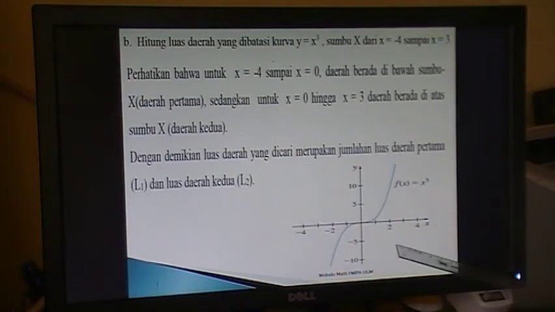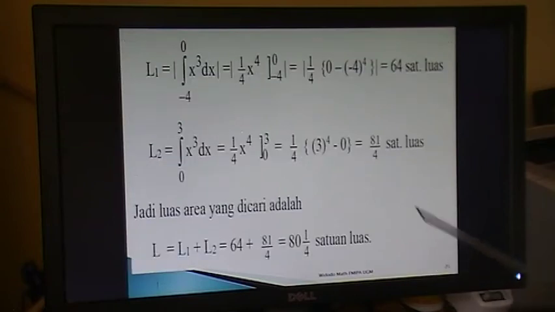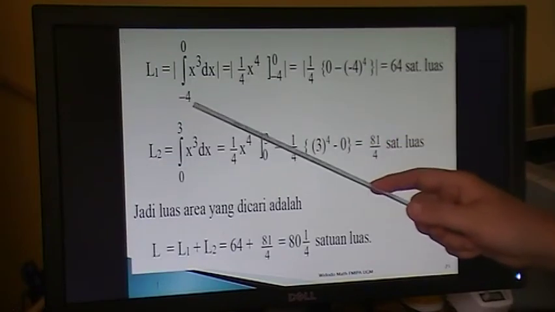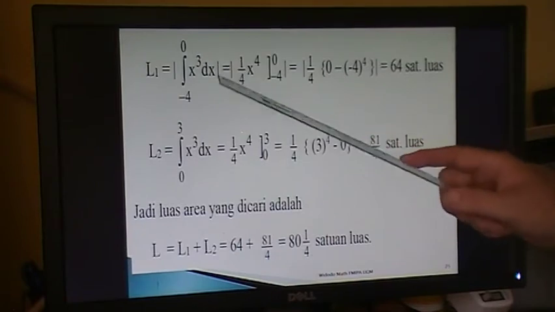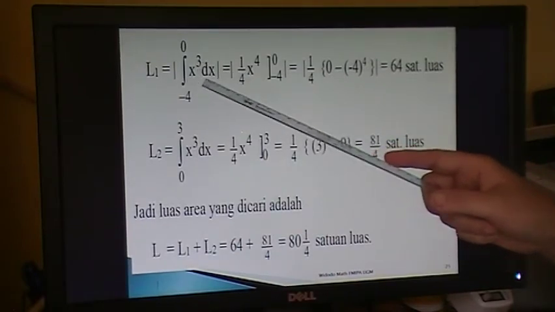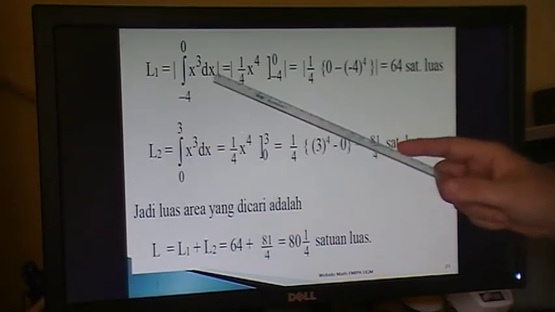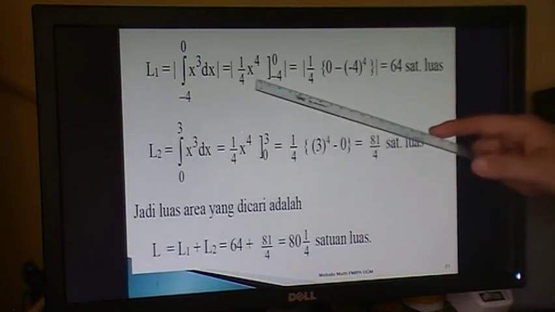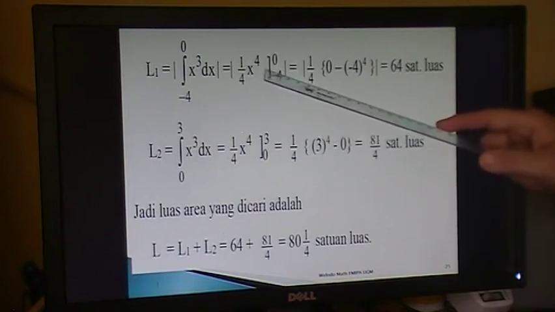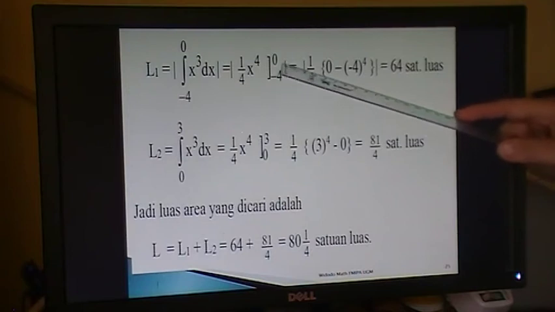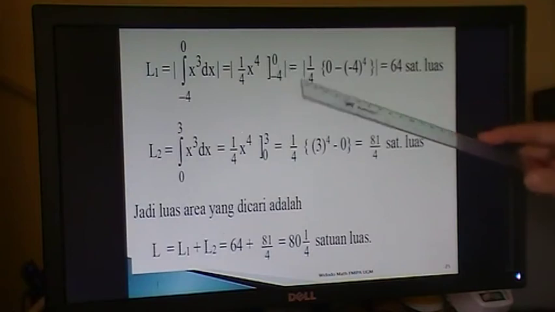But we have to be careful, because L1 is negative, so we take the absolute value, or the negative of the function itself. So L1 is the absolute value of the integral from minus 4 to 0 of x to the power of 3 dx, which equals 1 over 4 x to the power of 4 between minus 4 and 0.